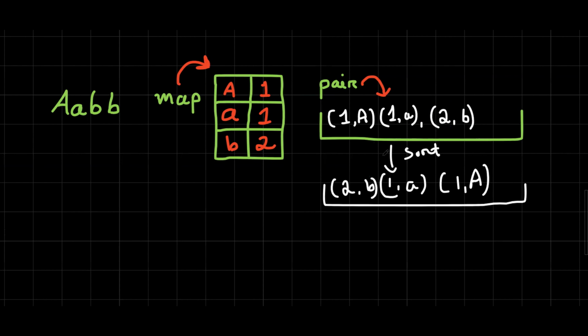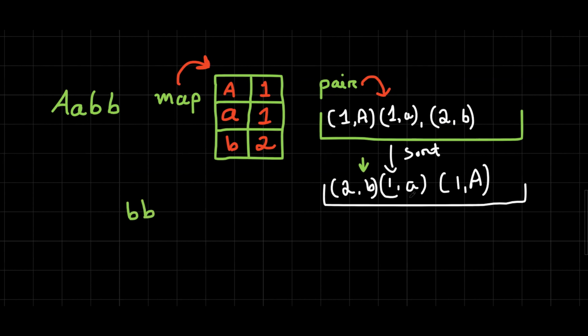Now we have found the element which has the most frequency. So here we can see that the element b has the most frequency, 2. So we have to put 2 b's into the resultant string.